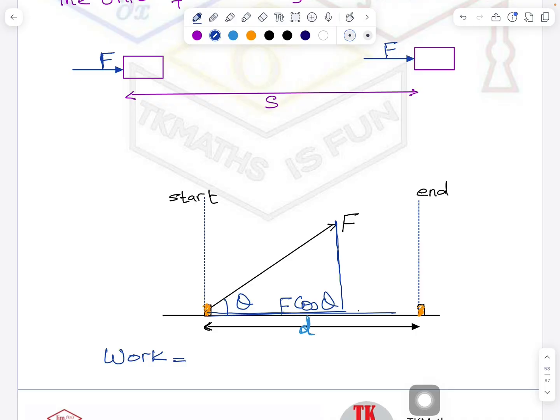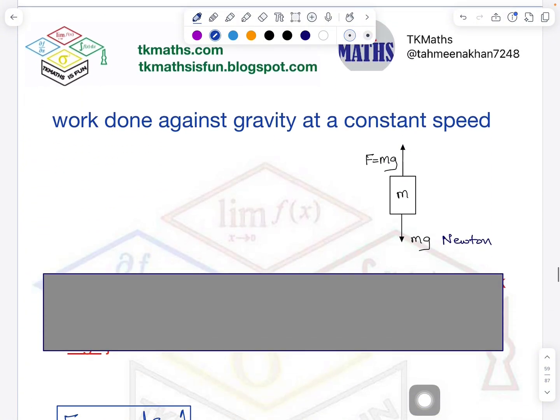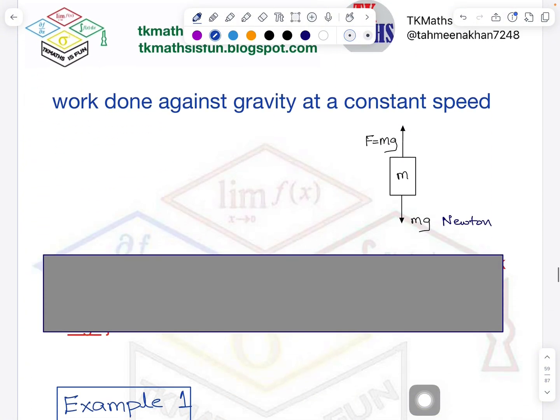So now the force is not just F, it is F cos theta, and the distance moved is D, or if you are representing it with S, you can use S. So basically you get F cos theta, this is your force component, into D. So usually we write F D cos theta.